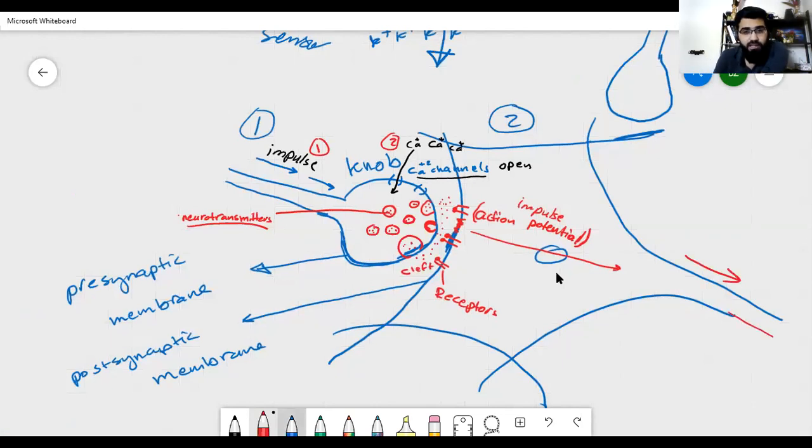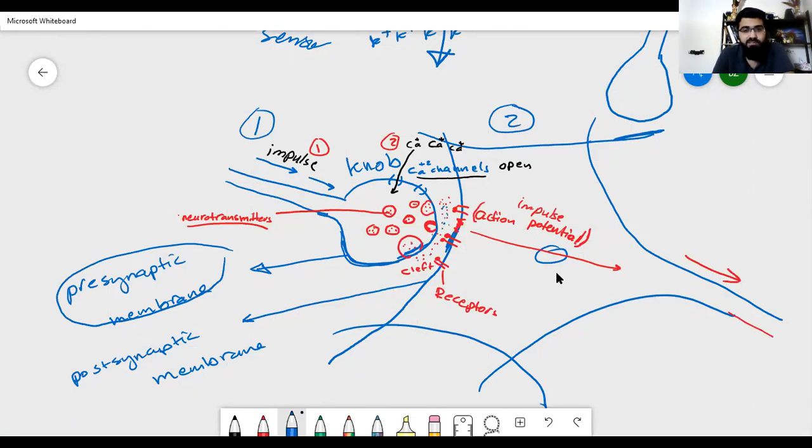You understand the idea? I will repeat it very quickly. Once the impulse arrives at the knob, the terminal, channels of calcium ions open and calcium diffuses inside. Vesicles containing neurotransmitters fuse with the presynaptic membrane, then release their neurotransmitters in the synaptic cleft.